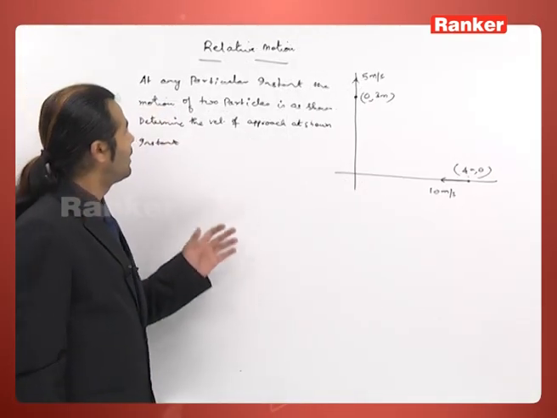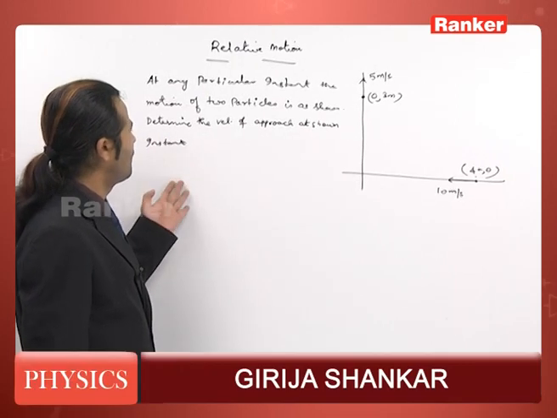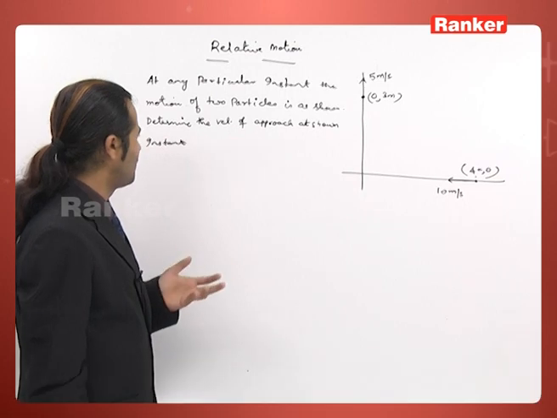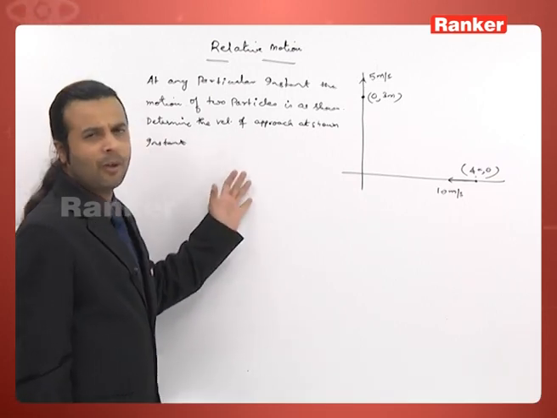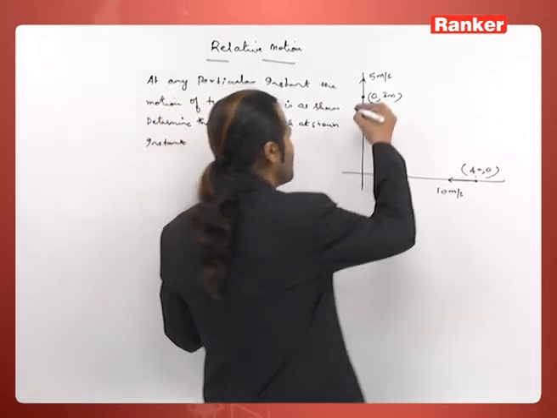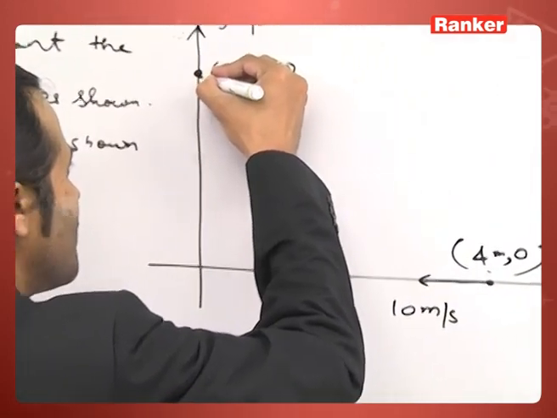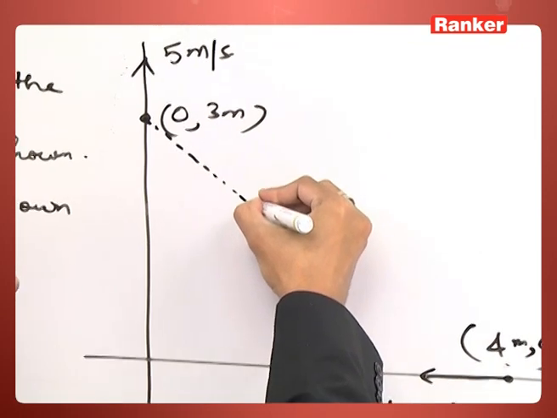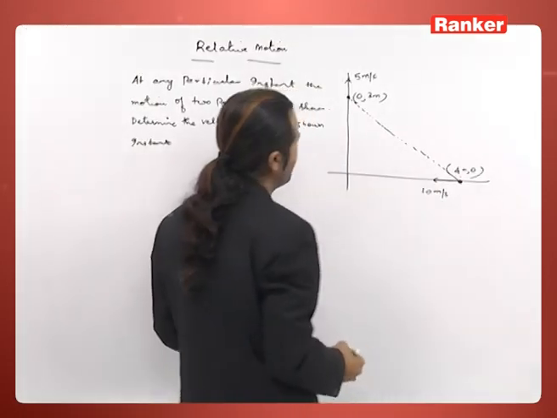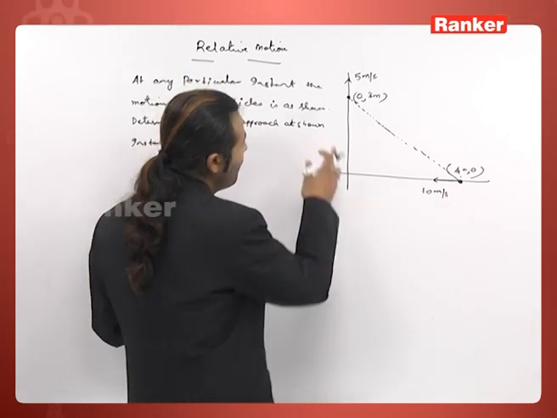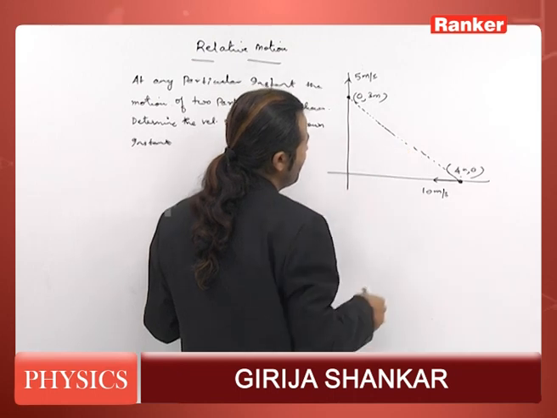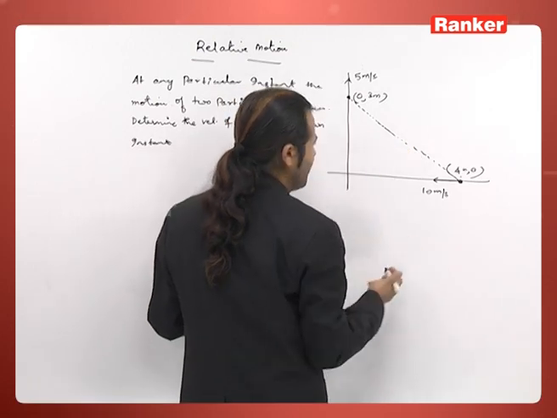Now this is the question. At any particular instant, the motion of two particles is as shown. Determine the velocity of approach at the shown instant. Whenever we talk about velocity of approach, you just join the two points by a line, irrespective of their orientation. Now we will resolve all the velocities in the direction of the joined line.